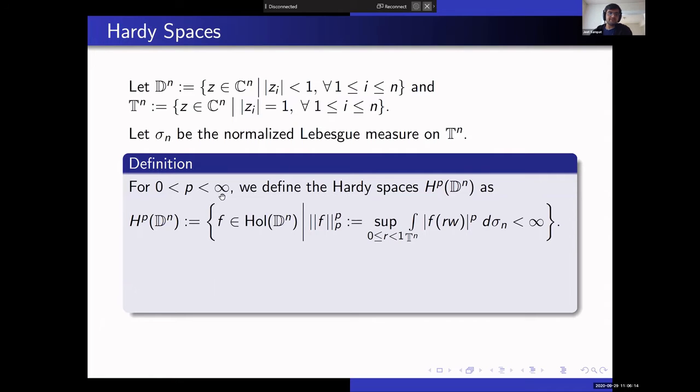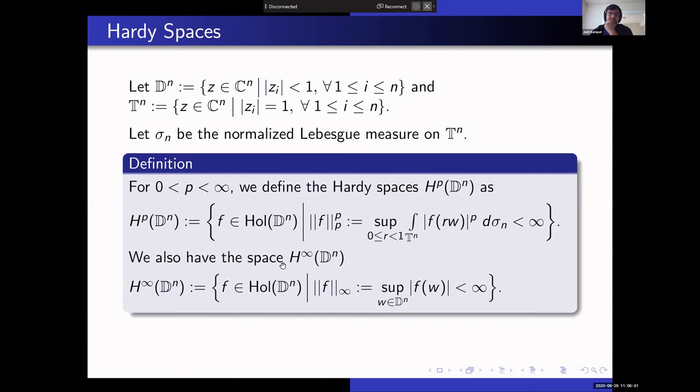For p between 0 and infinity, we define the Hardy spaces as the space of all analytic functions on the unit polydisk that satisfy an Lp growth condition radially. It's very similar to the Lp spaces. In fact, all of these Hp spaces become closed subspaces of Lp on the n-torus.